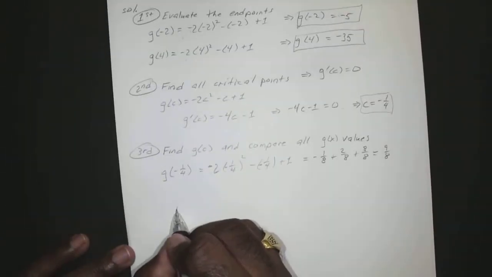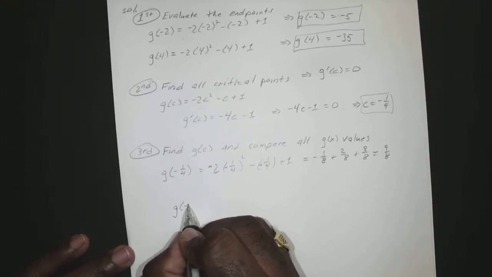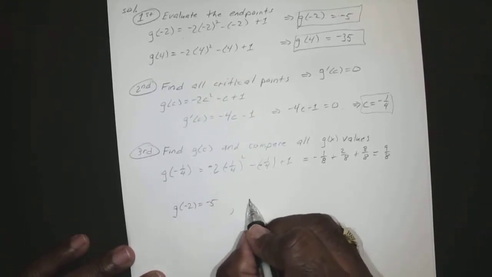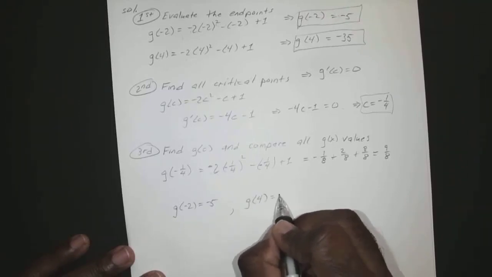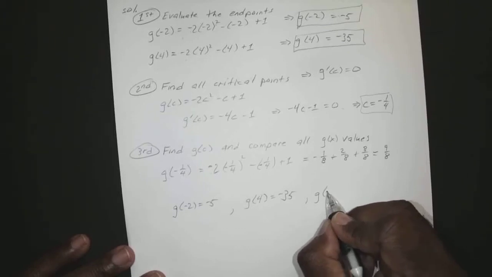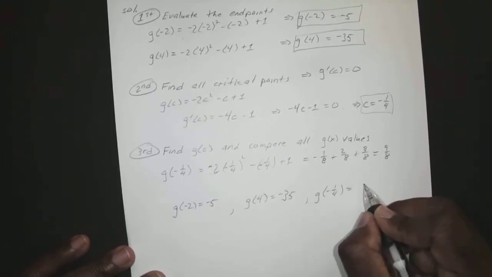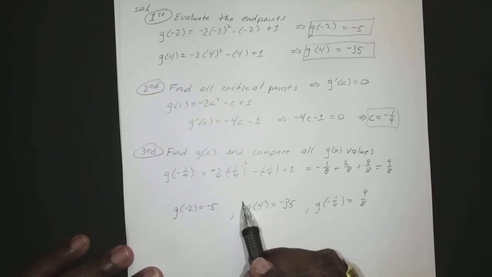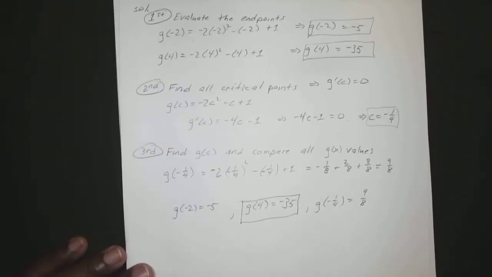Okay, so that means g of negative 2 is negative 5, g of 4 is negative 35, and g of negative 1/4 is 9/8. That's our smallest y value, so that's going to be our absolute minimum.